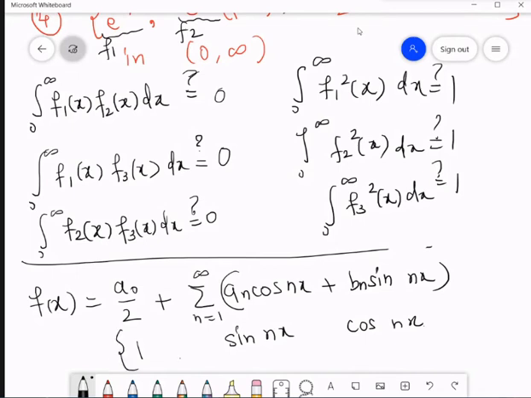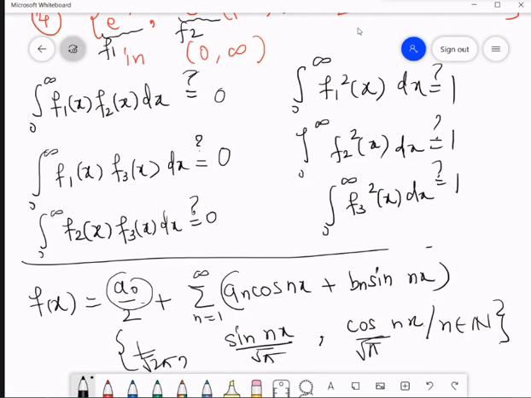These are the functions that are available in my list of orthonormal functions, or in fact orthogonal functions. With orthonormal I have here 1 by root 2 pi, this divided by square root pi, this divided by square root of pi. So actually in the Fourier series, a0 can be written in terms of this function. Some number multiplied by this expression will give me a0.